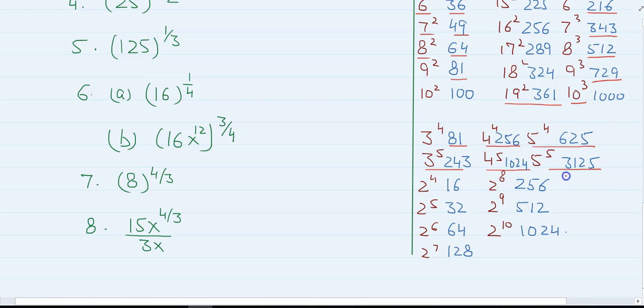Another important set of numbers are the powers of 2 from 2 to 10. These numbers are asked most of the time in the questions of indices. Now let's come to question number 1.